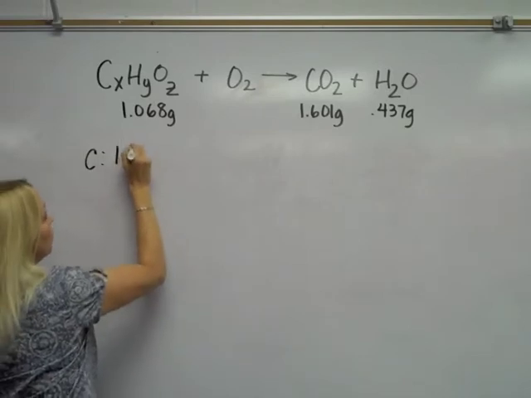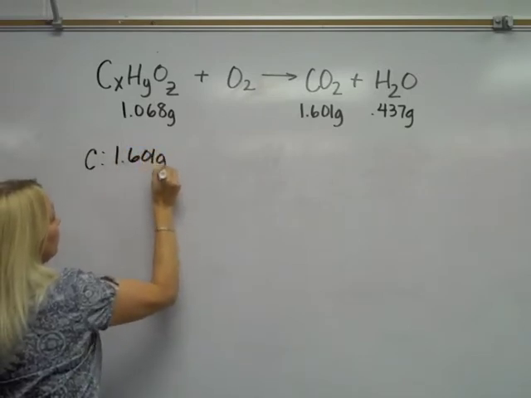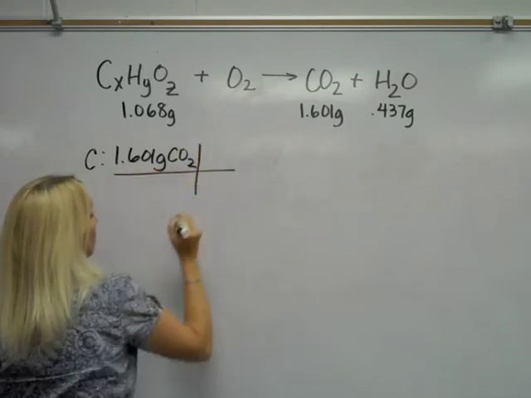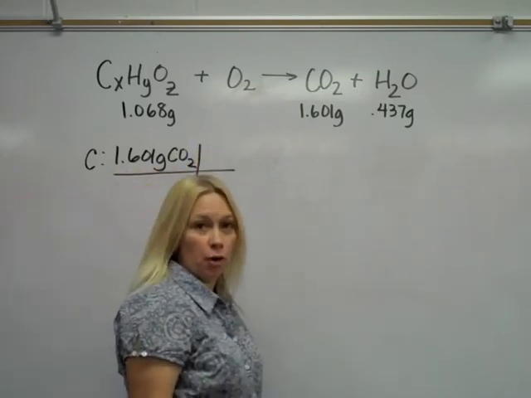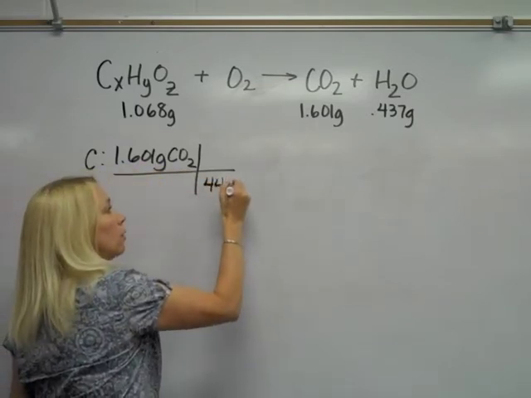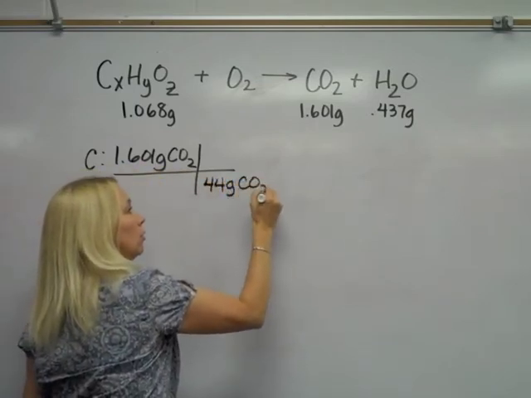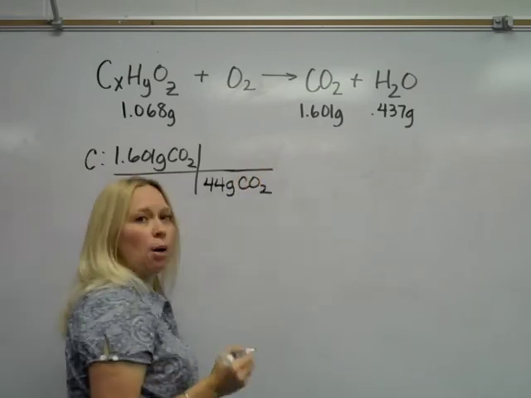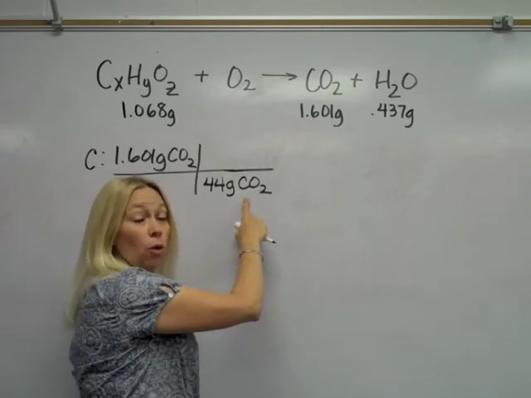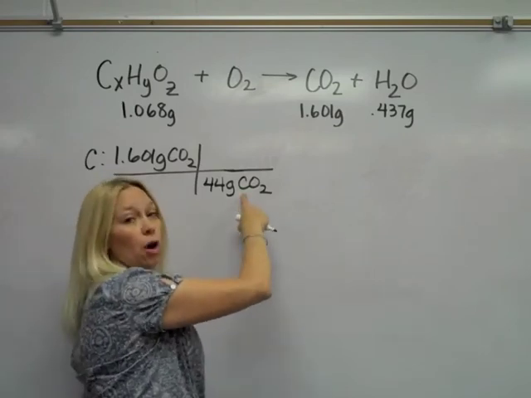Okay, you have 1.601 grams of CO2. Well, like most things, if you have grams, use the molar mass. If you have 44 grams of CO2, how much carbon's in there? Well, if this is 1 mole, then you would have 1 mole of carbon in it.